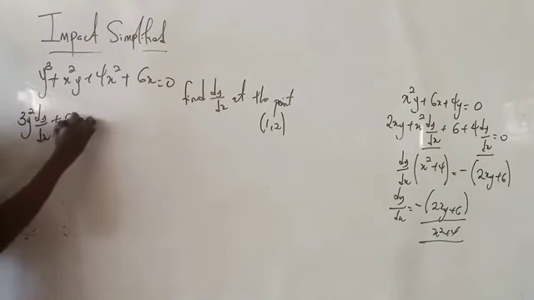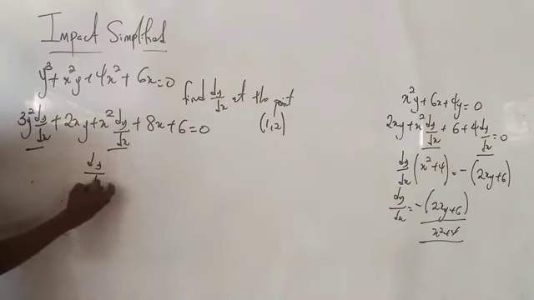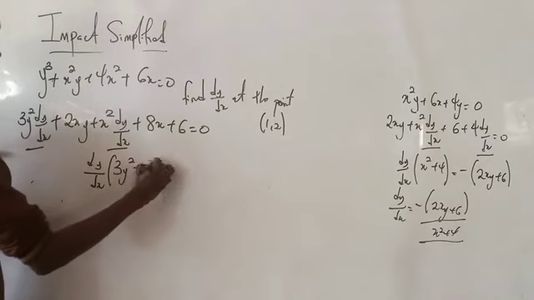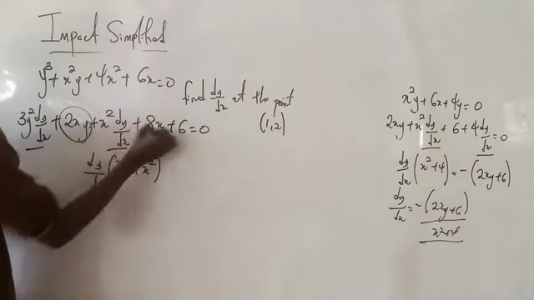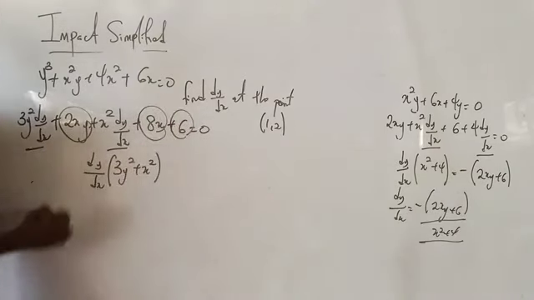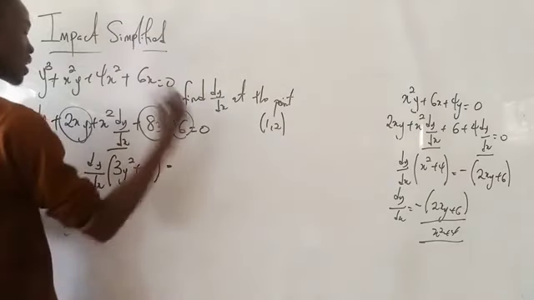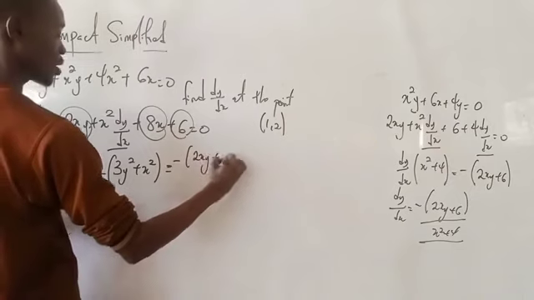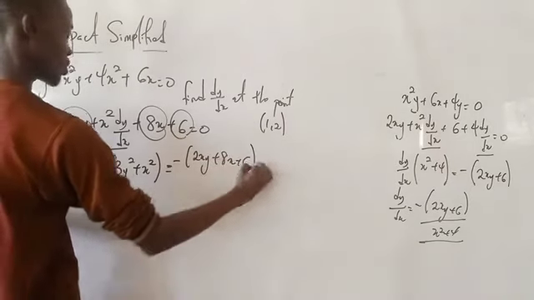Differentiate your 6, we have 6 is equal to 0. And that means the terms having dy/dx, we have 3y squared plus x squared, and the other terms are going to come out. We have minus into 2xy plus 8x plus 6.